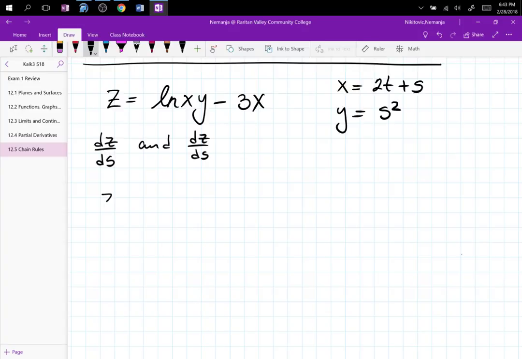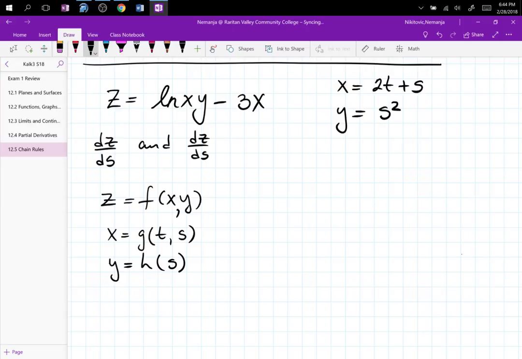I should say that it's clear that z is a function of x and y because z depends only on variables x and y. And then also it's clear that x is a function of t and s because it depends on both of those parameters, and y is a function of s alone because it's just s squared.